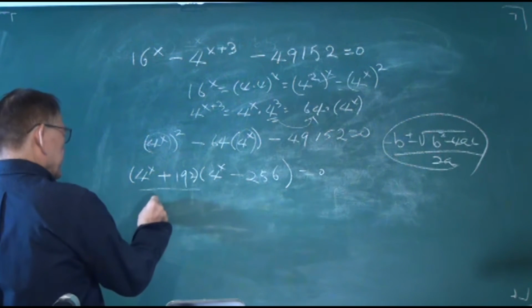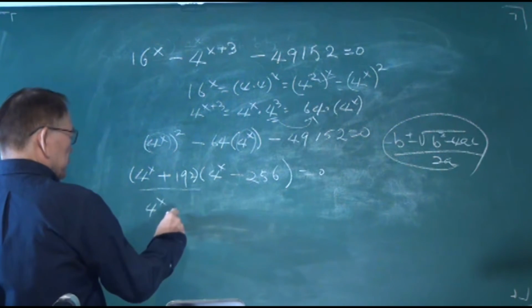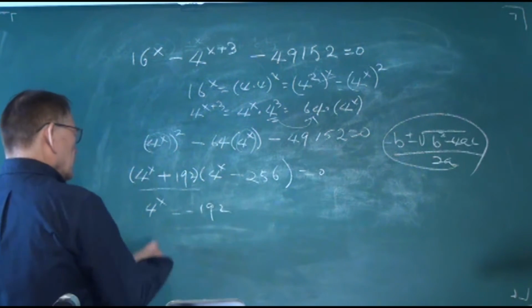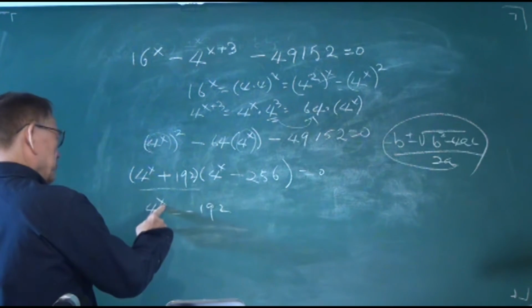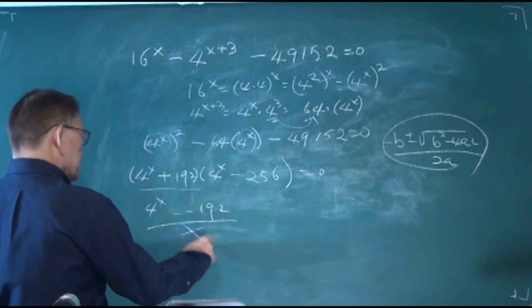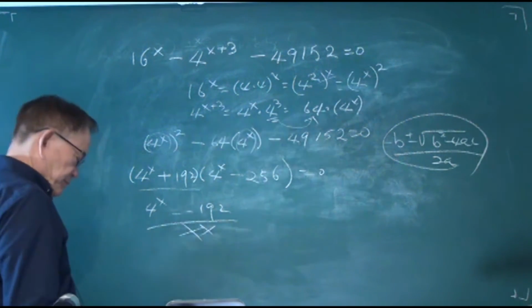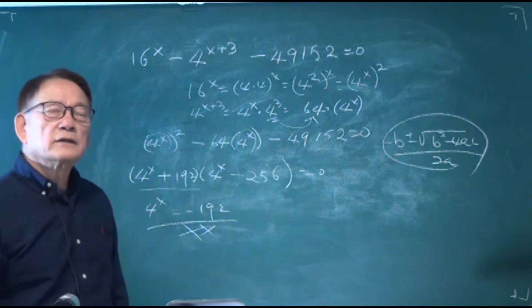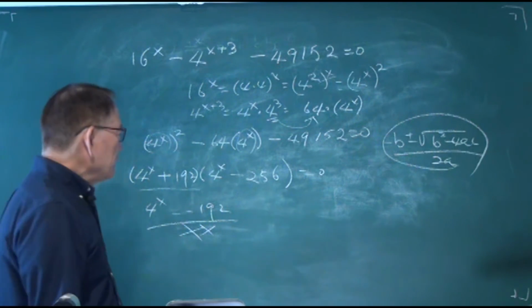From here we set 4 to the x equal to minus 192, but a positive number to any power doesn't make a negative value. So this case is gone; we have to throw it away, because we cannot get a real value.